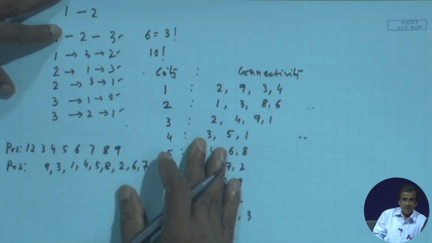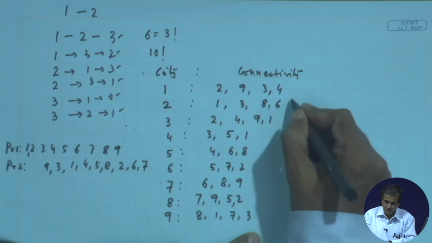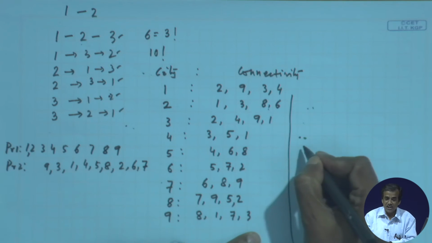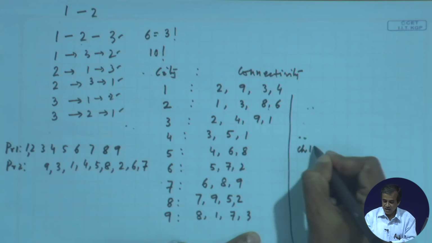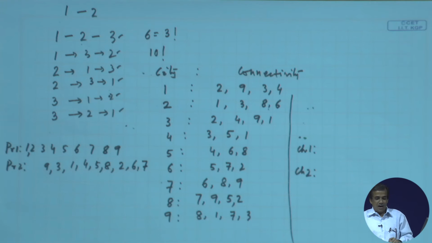Okay. So, these are the parent 1 and parent 2 and you will have to find out child 1 and child 2. I am going to write here child 1 and child 2. Now, how to find out this particular child 1 and child 2 so that it becomes a feasible solution.